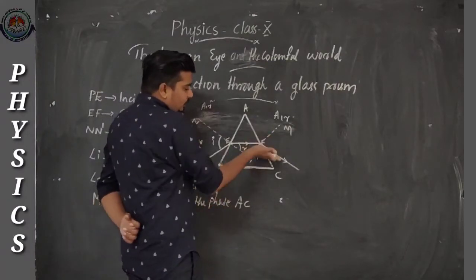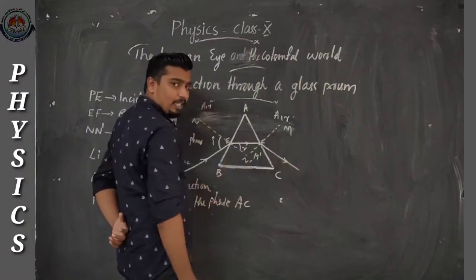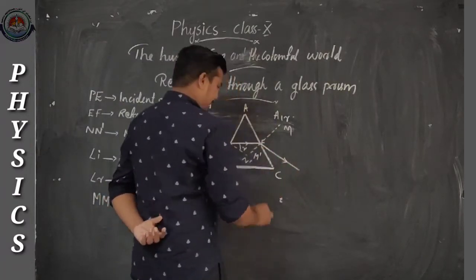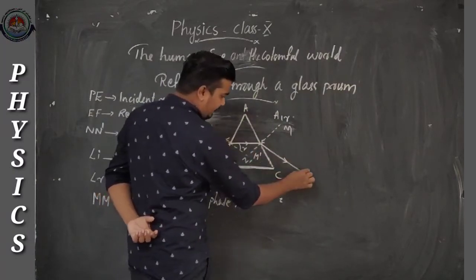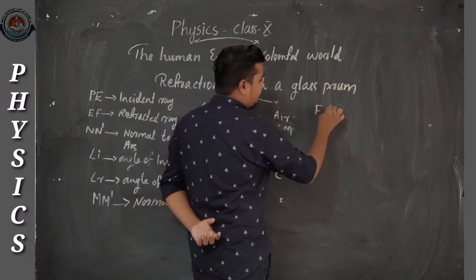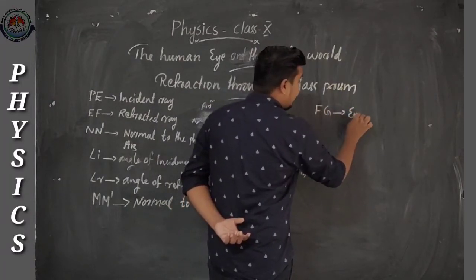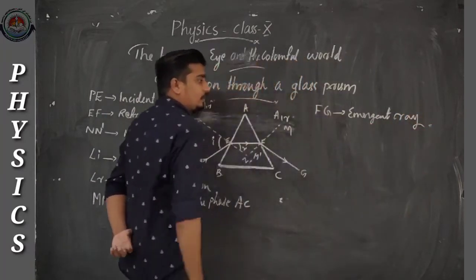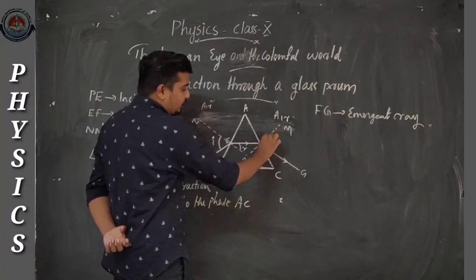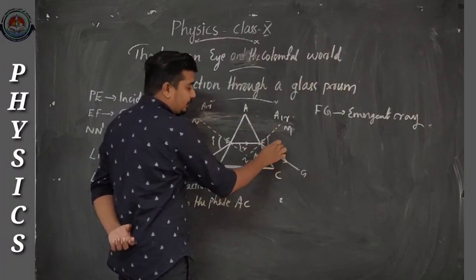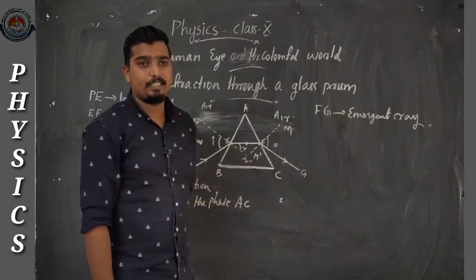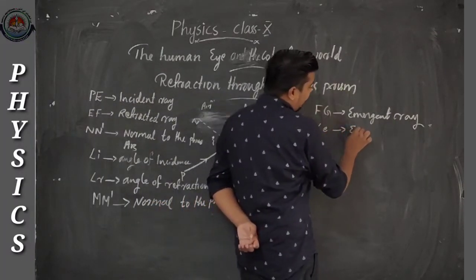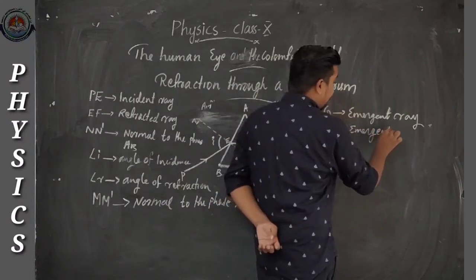This ray away from the normal is called the emergent ray, that is FG. FG is the emergent ray. The angle between this normal and the emergent ray is called the emergent angle, angle E.